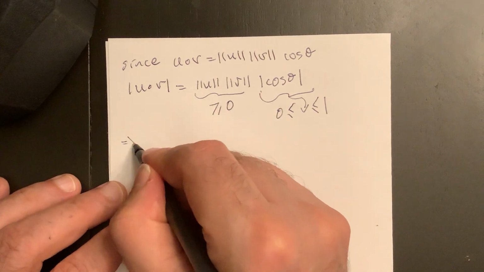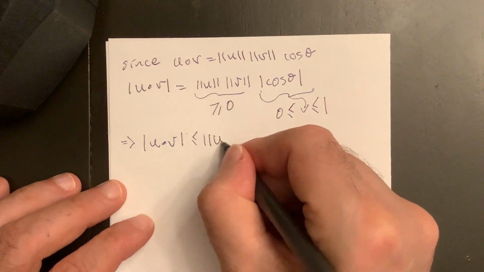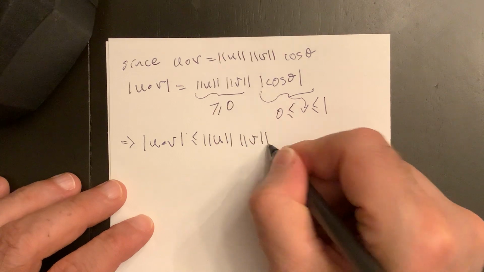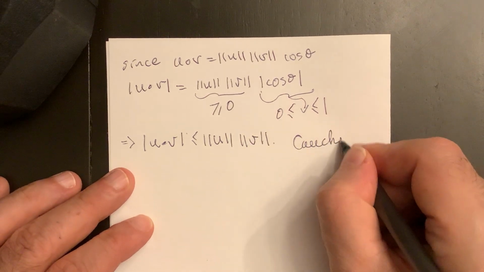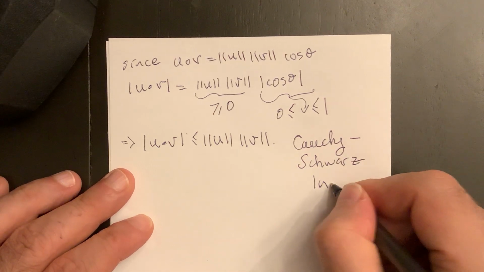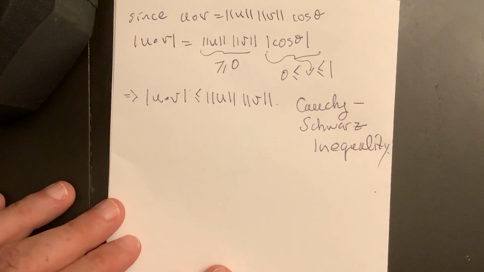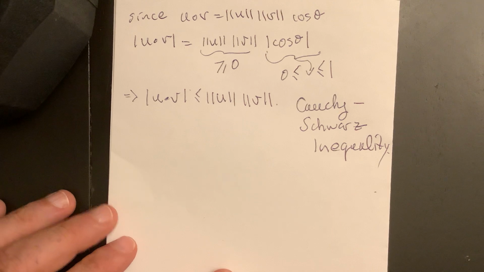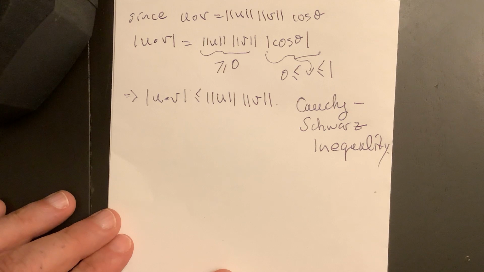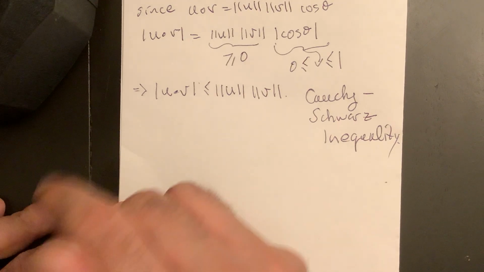So this implies the Cauchy-Schwarz inequality. Okay, so this has many uses, only some of which we will see. One use is I can actually use it to show the triangle inequality, which is next.